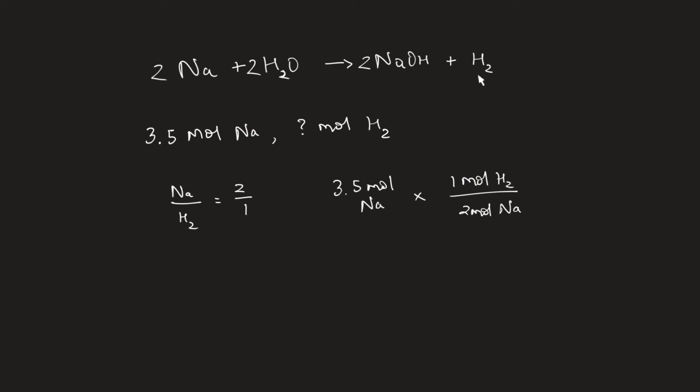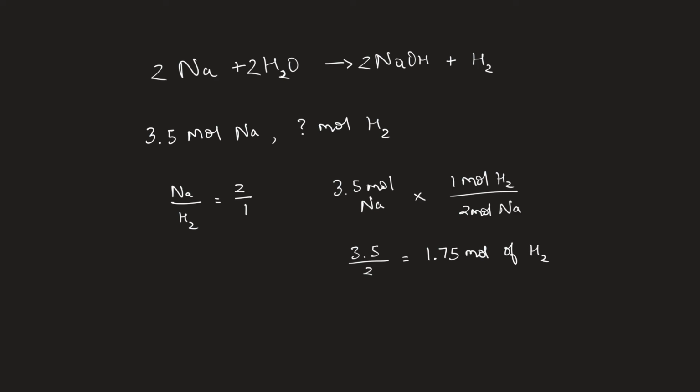We could say that if I have 3.5 moles of hydrogen gas, then how many moles of sodium would we need? So that's a question that you could try to answer on your own. And at this point, all you need to do is just simple math. 3.5 divided by 2 should give you 1.75 moles of hydrogen gas.